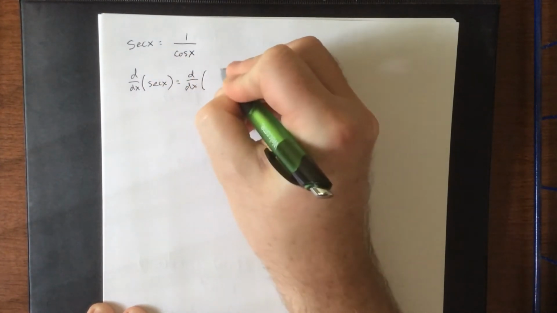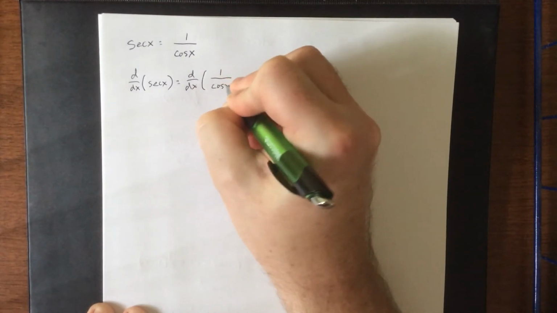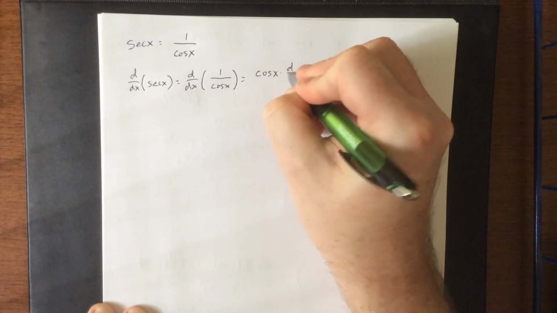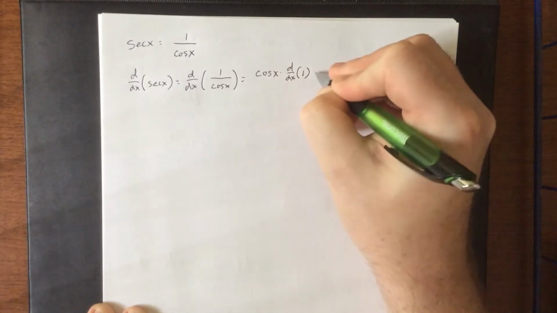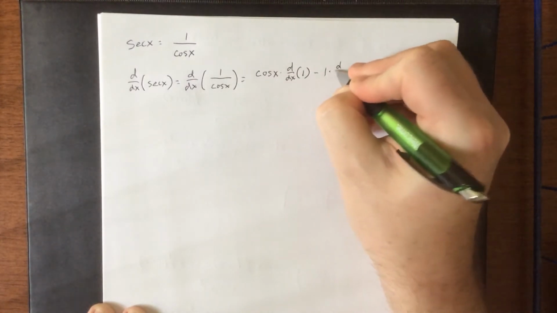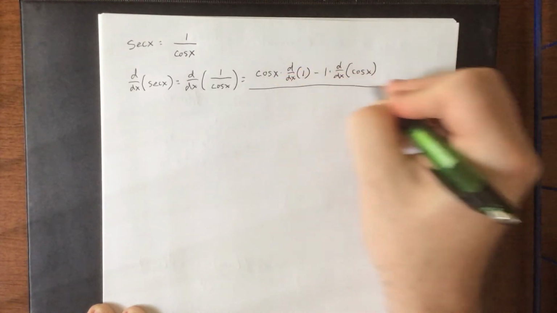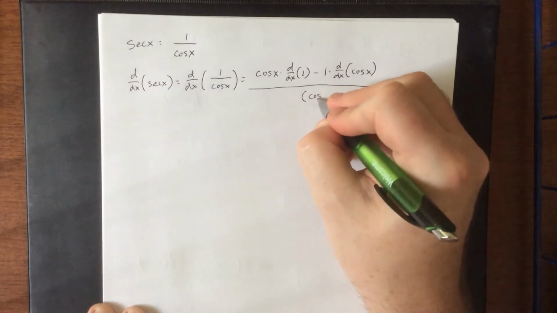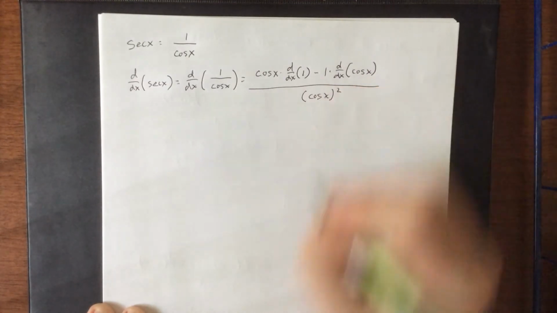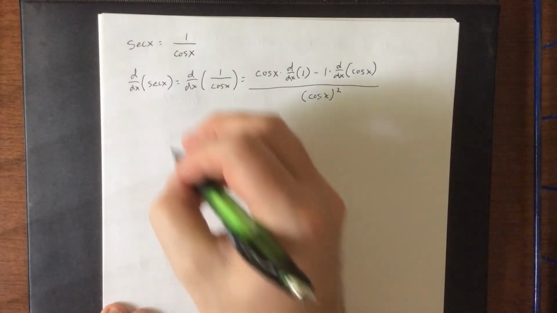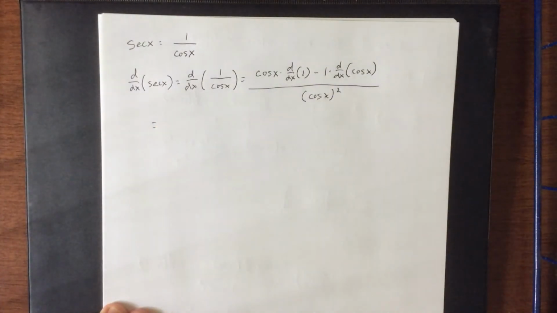So the derivative with respect to x of 1 over the cosine of x will be equal to low d high less high d low over the square of what's below. Doesn't finish the derivative for us, but gives us easier things to differentiate.